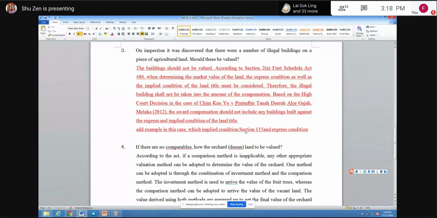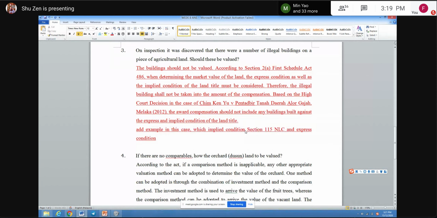Cannot. There is some requirement on the size of the dwelling houses. Yeah, I know. Let's say, for example, your land is 20 acres. Then on the 20 acres of land, you found that there are 5 accommodation buildings, and then the 20 acres is acquired by the government for a school project, for example.